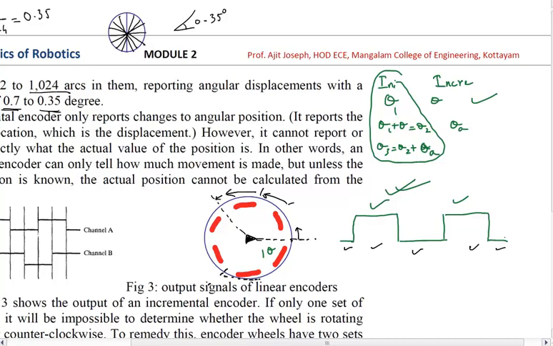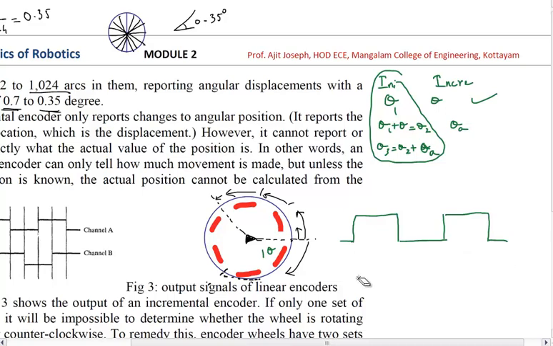See, this pulse is the same that we have drawn previously, but there is a difference. Previously we had gone in this direction, and presently in this case we have gone in this direction. But the output pulse that we are going to get in both the cases is the same. This is the same pulse that I got in the previous case when it was going in clockwise direction.